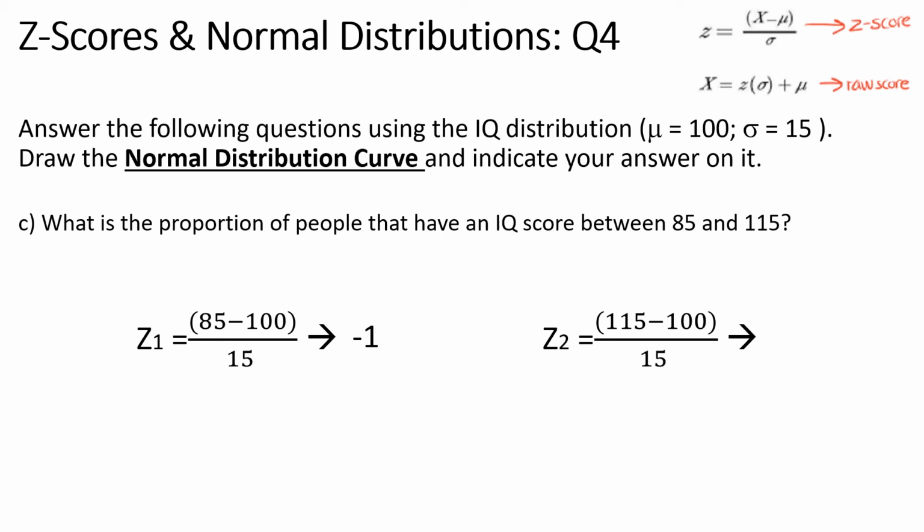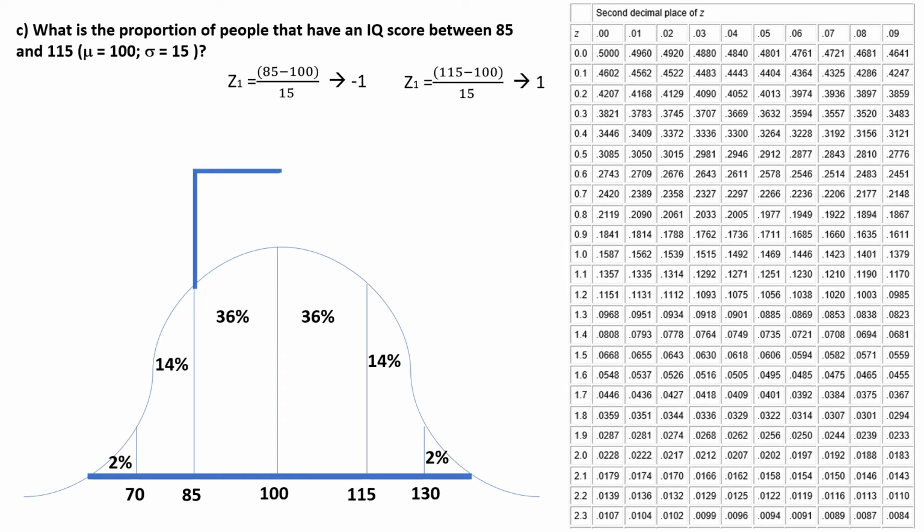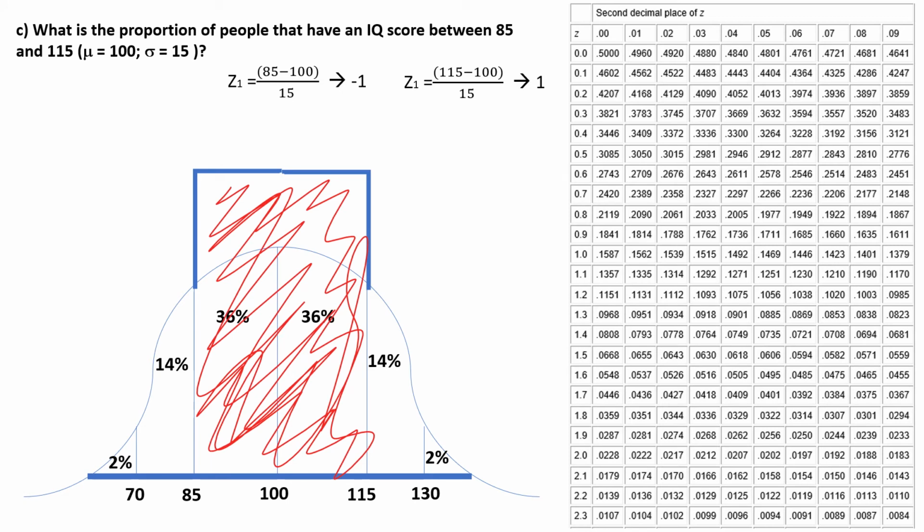And then we do the same thing for 115, and we get +1. And then going to our distribution, that's what we're looking for. Notice it's exactly one standard deviation above, and exactly one standard deviation below.